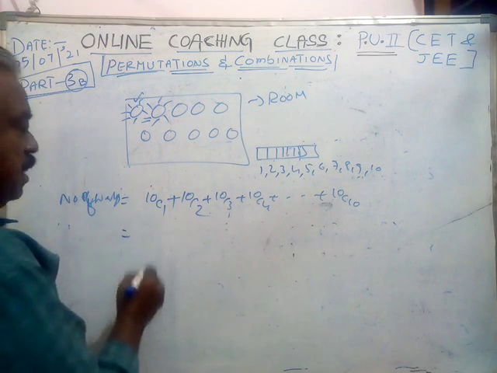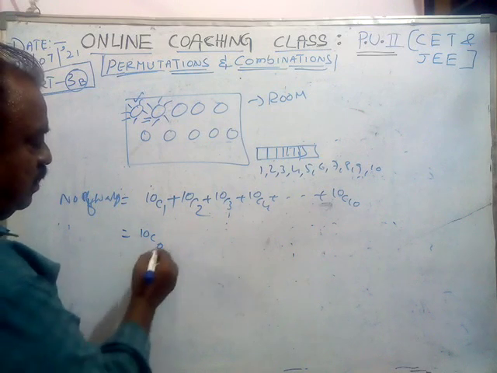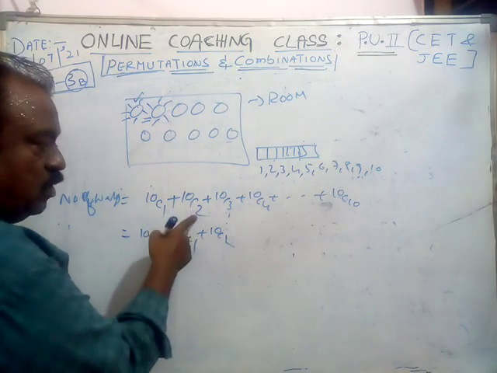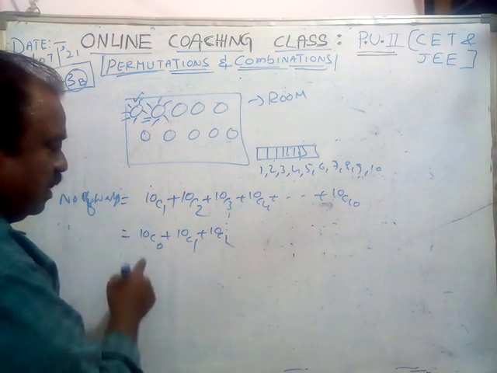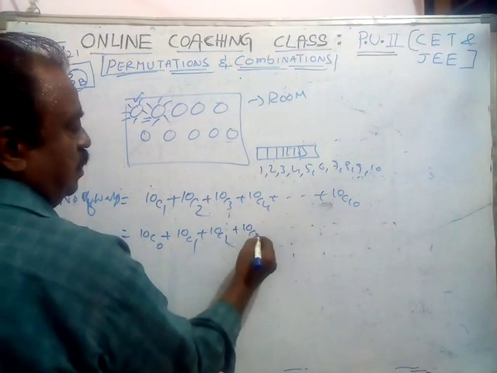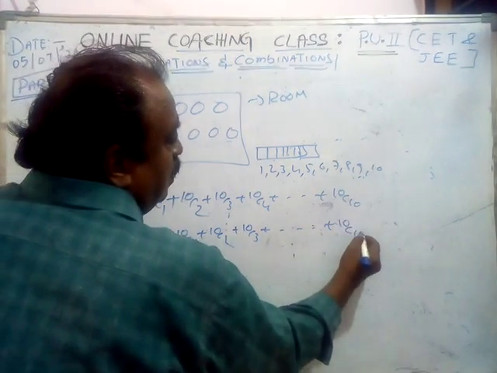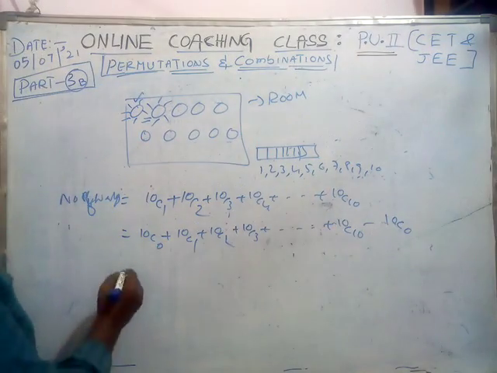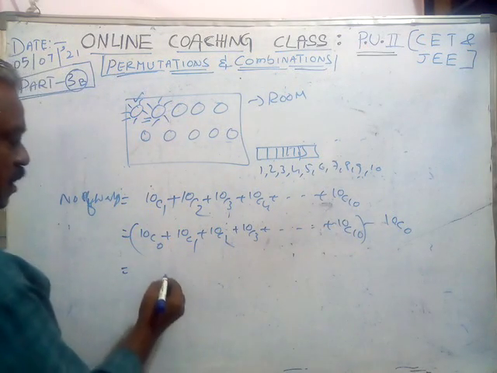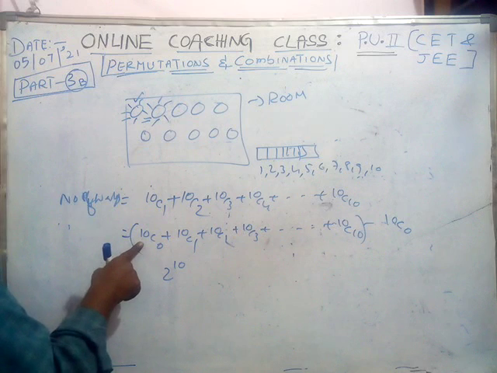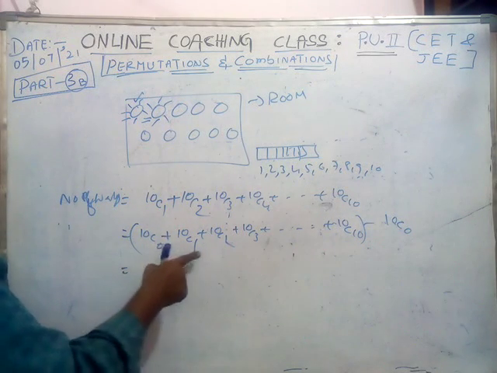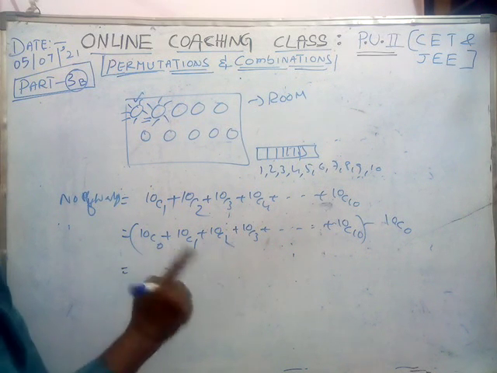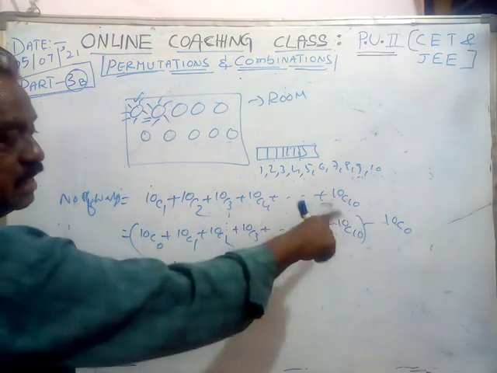If you add 10C0, 10C1, 10C2, up to 10C10, but I am excluding 10C0, so it is the sum 10C1 up to 10C10. The formula is 2 power 10 minus 10C0.